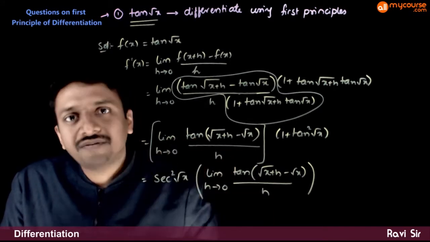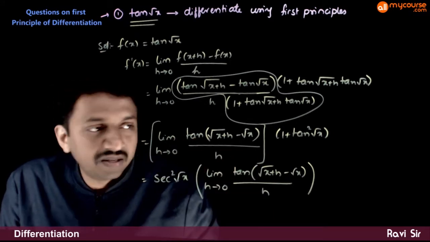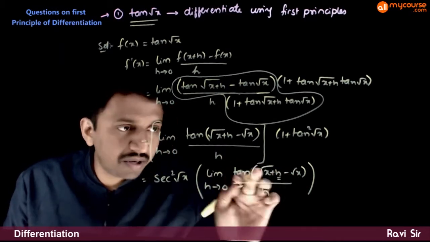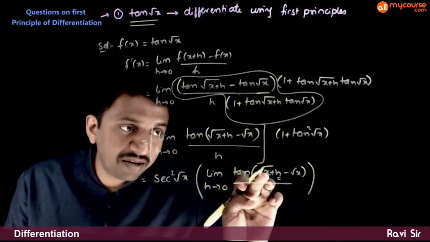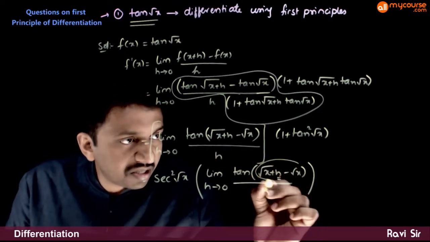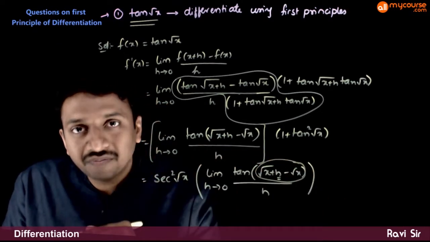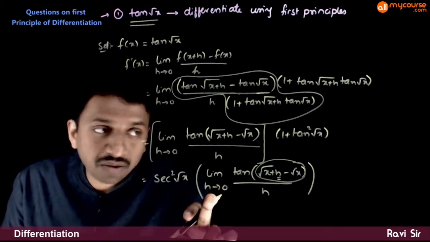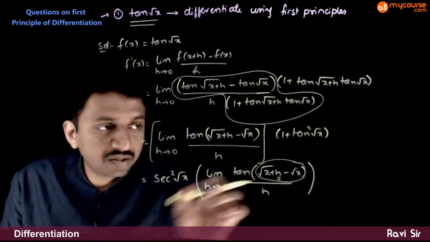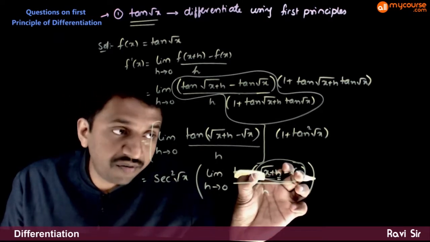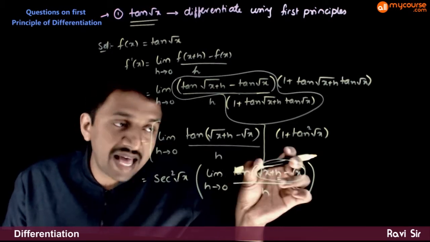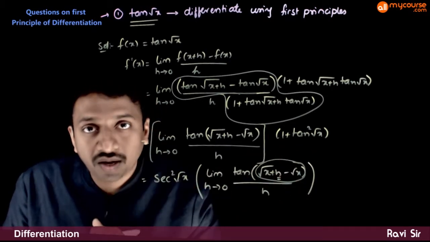So let us see how you can find this limit. So now as h tends to 0, you can see that inside tan you have root x plus h minus root x. This expression goes to 0 as h tends to 0. So if this expression goes to 0, if you divide exactly with this expression, tan something by something, as something goes to 0, goes to 1.